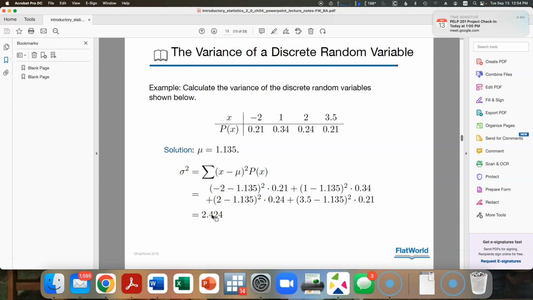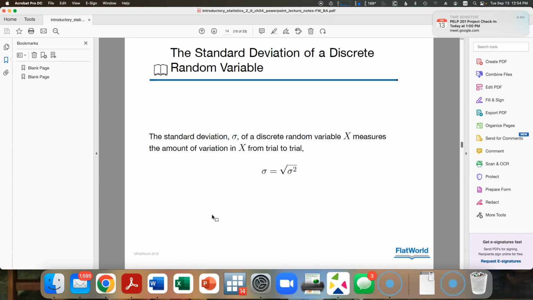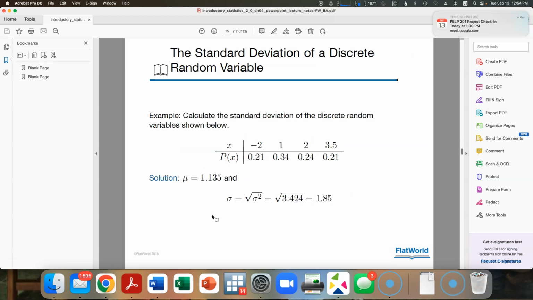No, they already did square it. Okay, never mind. Okay. So taking the square root gets us 1.85.